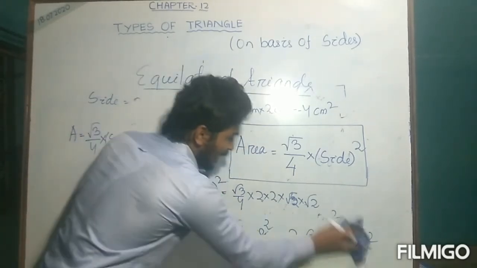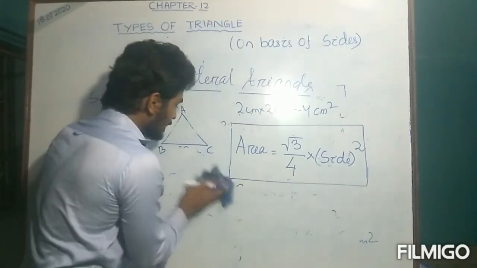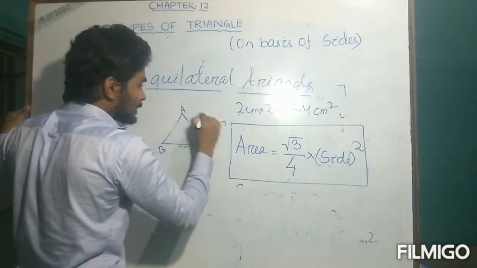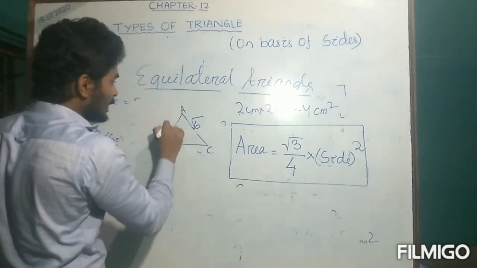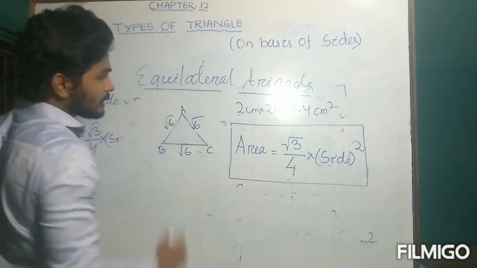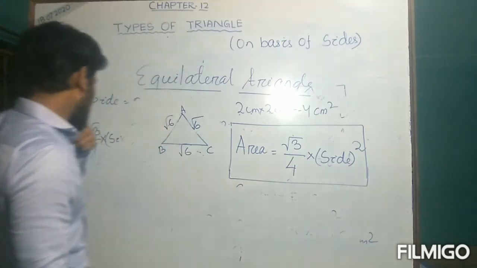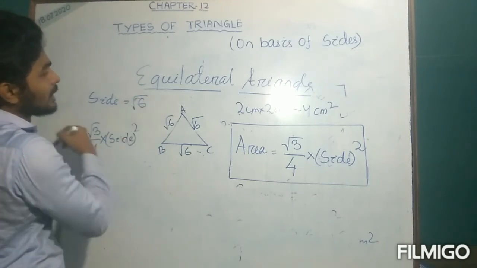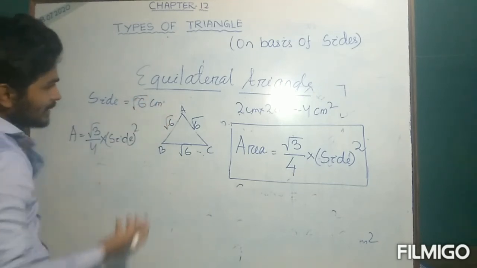If the side of the triangle is root 6, or square root 6. So here the side is root over 6 centimeter. So what is its area?